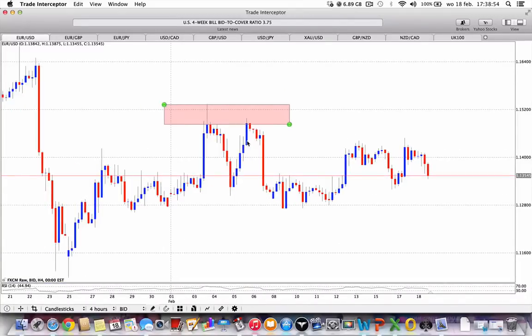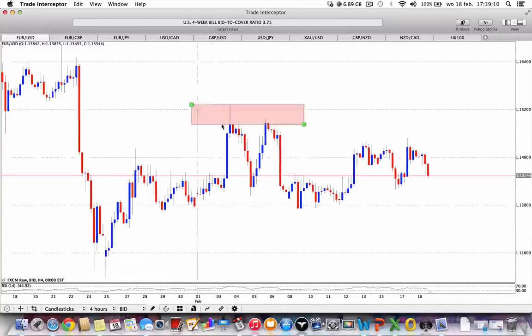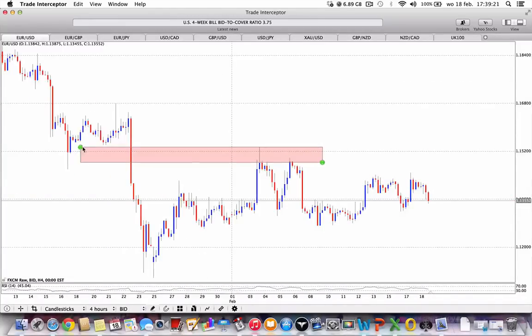What also could have been a signal for this trade is that this candle right here is a hammer, meaning that it has a smaller body with a big tail. That would have been a confirmation, because this zone right here, which is resistance, was before a support level. As you can see here, it was support.